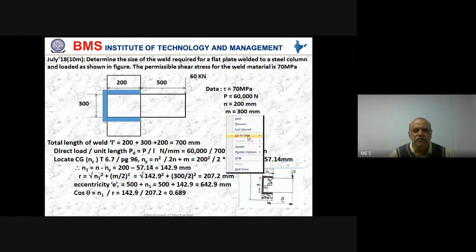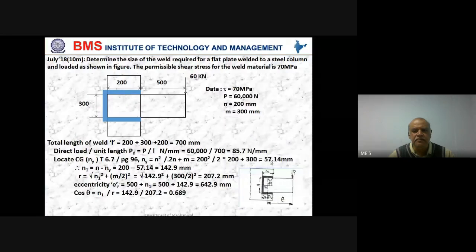This distance is 500, but that is not the eccentricity. The load that is acting is 60 kilonewton, that is 60,000 Newton, and the permissible shear stress for the weld material is 70 megapascal.